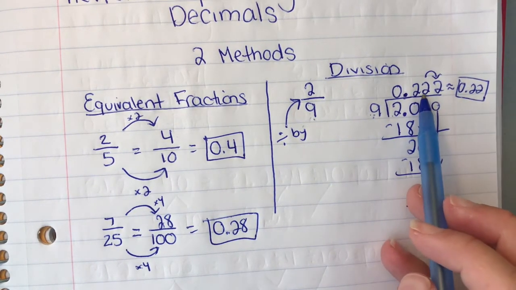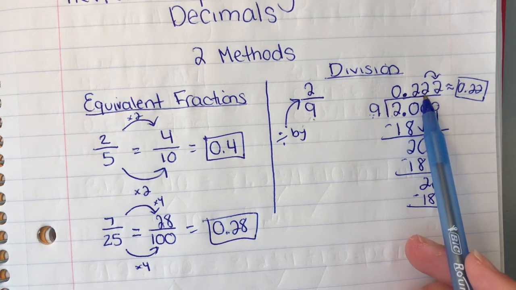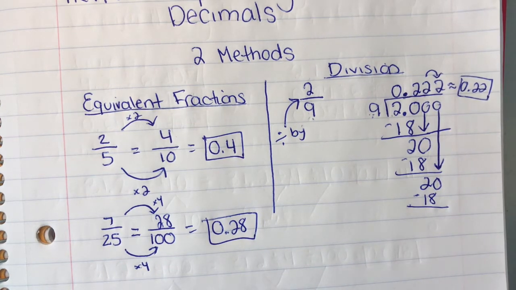Now, rounding to the hundredths place is common because think about it. Rounding to the 2 decimal place or the hundredths place is actually pretty common because money is always rounded to the 2 decimal place. The hundredths place in money is a penny, right? We don't have any amount of money that is less than a penny.